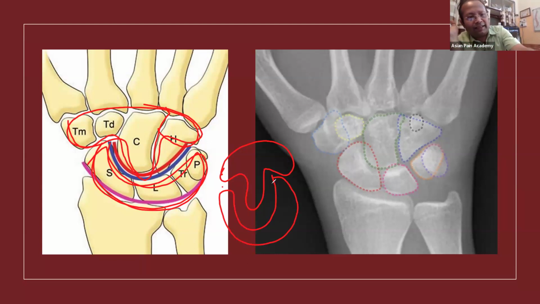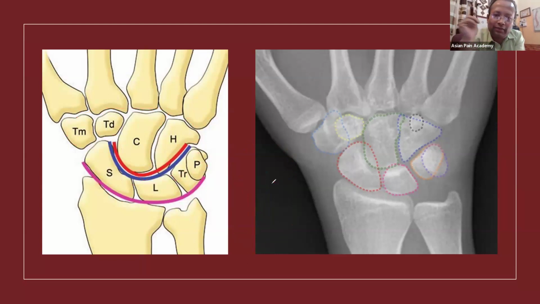First thing. Second thing, there is one more thing, that is, these are not in the same transverse plane or same sagittal plane. So from both the sides of the wrist, bones are a bit concave shape. They are not in the same plane. How? So pisiform bone, it is a bit over the triquetrum.